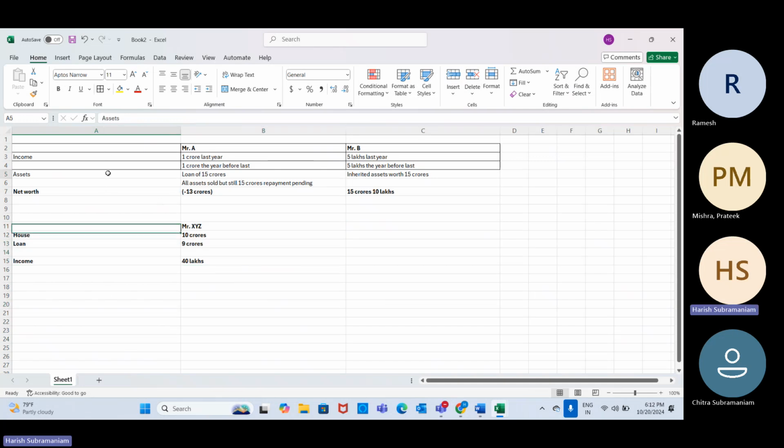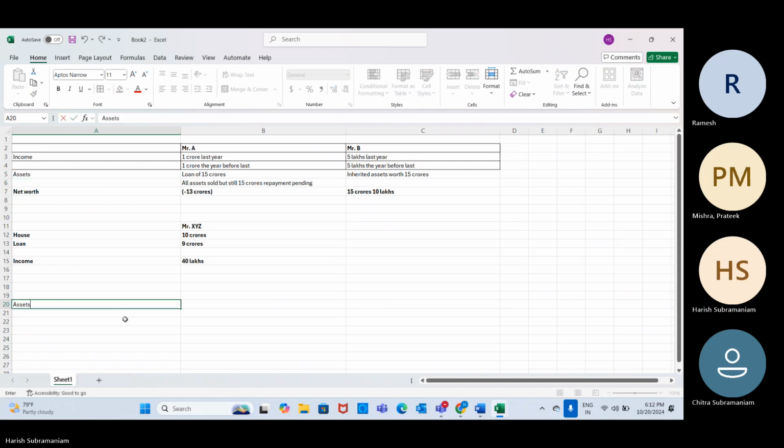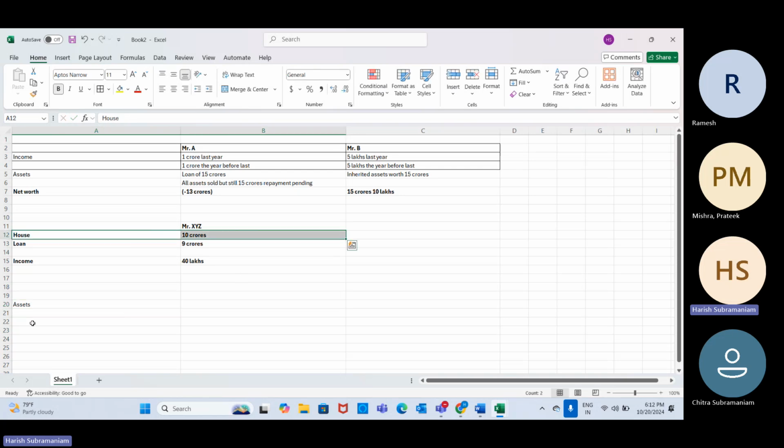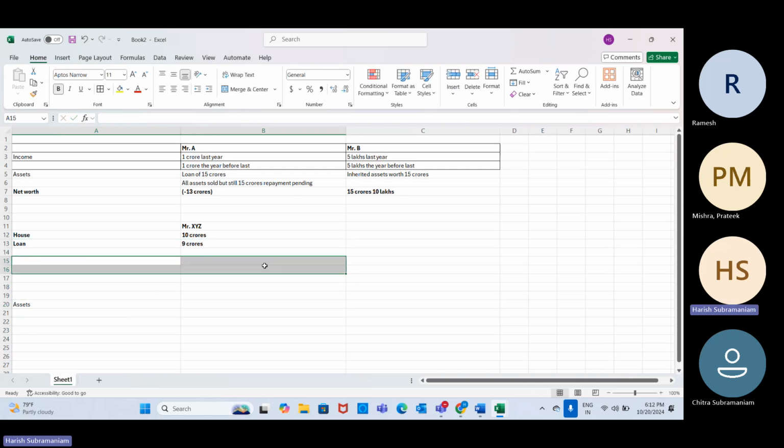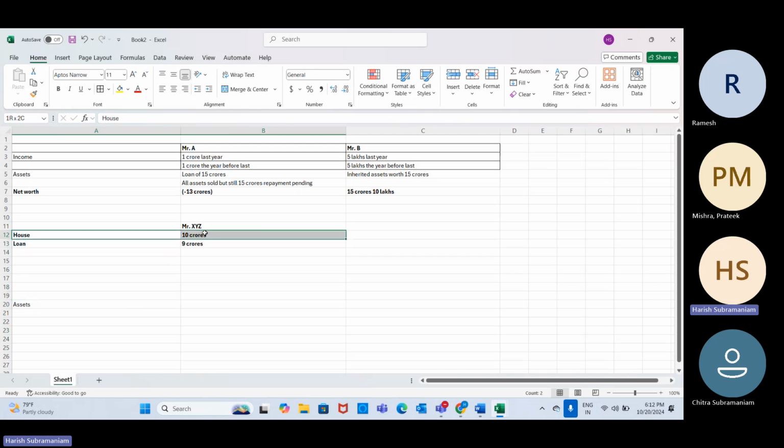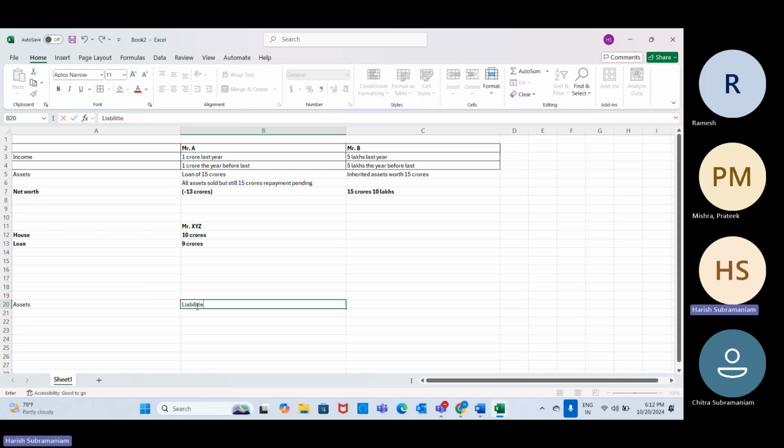Now, this individual, so each individual has some assets, okay? And that is this house. This is an asset. All right, let's forget the income for now. And then the loan is the liabilities. Assets are what I have, liabilities are what I owe.